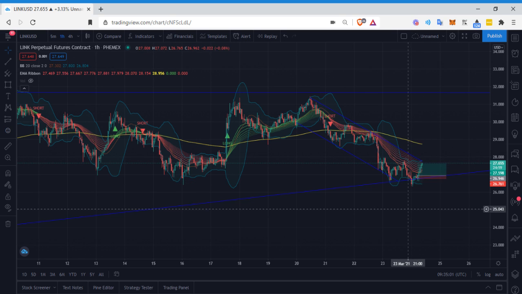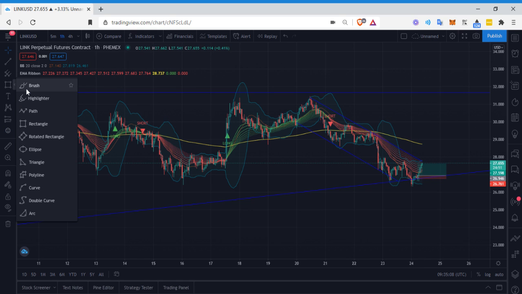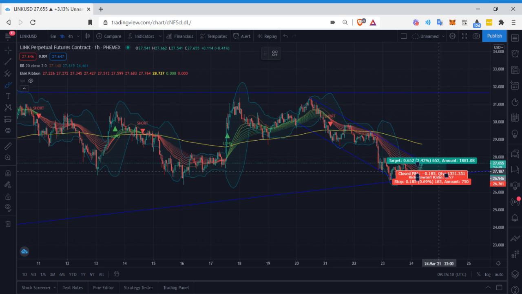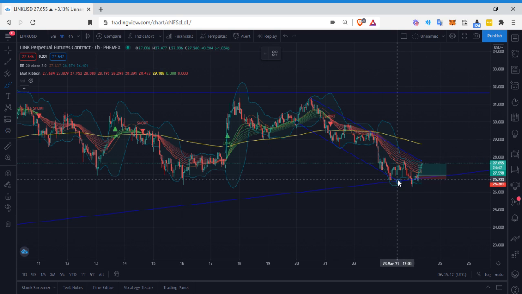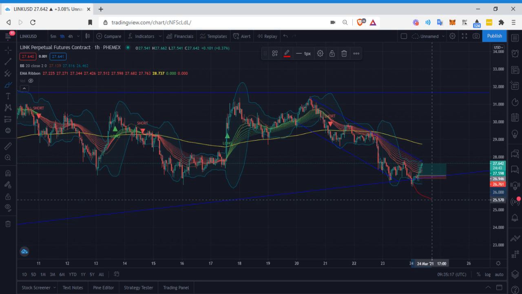But if you had a confirmation of the breakdown out of this pattern, it would look something like this. So we'd break down, people would short it, but then it'd bust back up, so people might get taken out of their position. And then if it was a confirmation, it would break down from here. So this is that spot. If you were going to short it, you'd want to short it here.